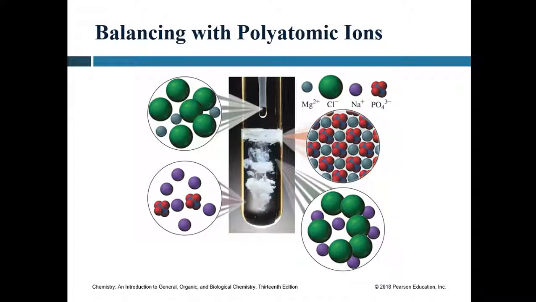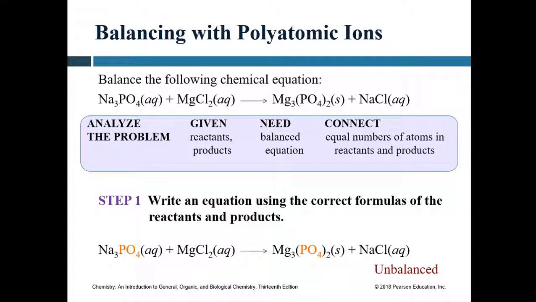Now, if we have polyatomic ions, when we do the balancing process, it's better to view the polyatomic ion that you recognize as its own single entity. So I'll show you what I mean. Balance the following chemical reaction. We have Na3PO4. Hopefully you recognize the PO4 as phosphate. We have our MgCl2.